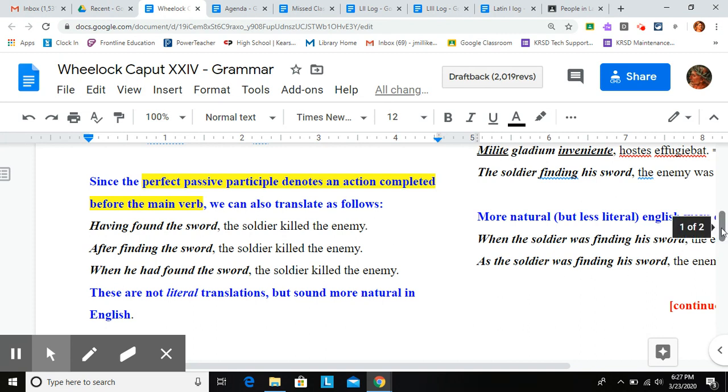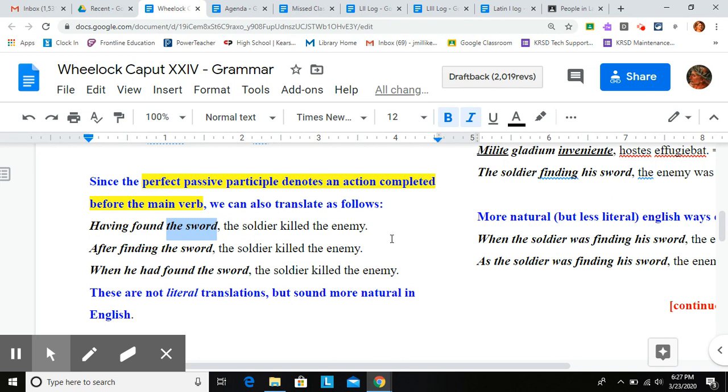One thing I want you to notice, by the way, in all of these sentences, the subject is the soldier. The enemy is the direct object. The sword is really not part of that sentence. It's like added detail. That's why we're putting it in the ablative case. If gladius inventus were modifying the subject, for example, the sword having been found, it was put in a display case, the sword is the subject, so it's going to be nominative.